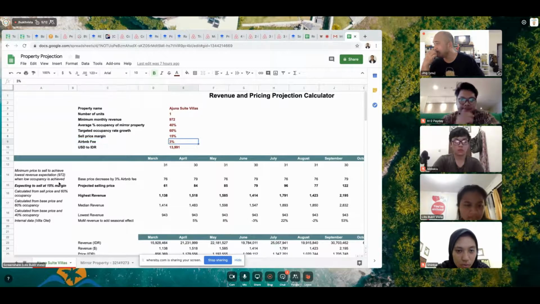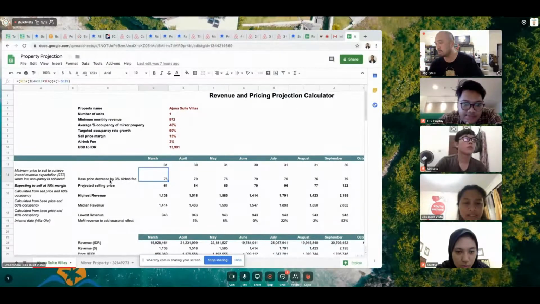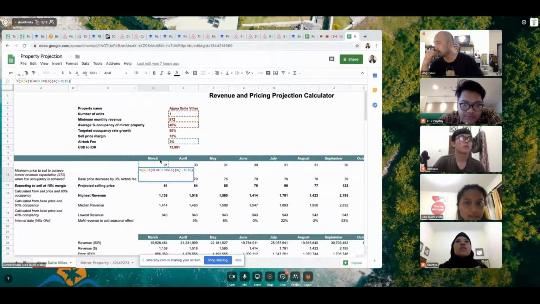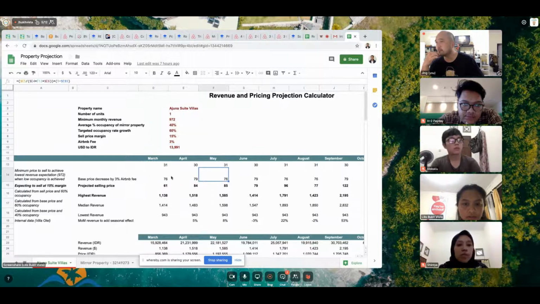Okay. And then first, I set the base price by adding to it.